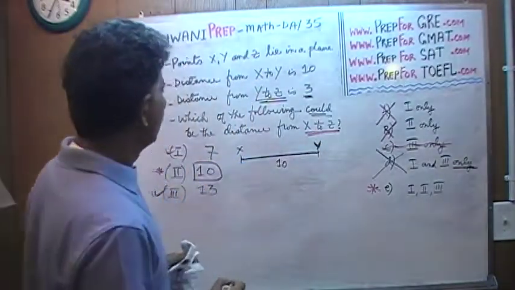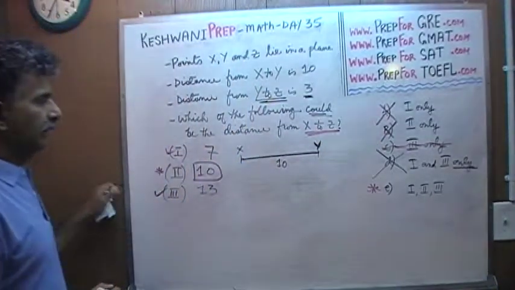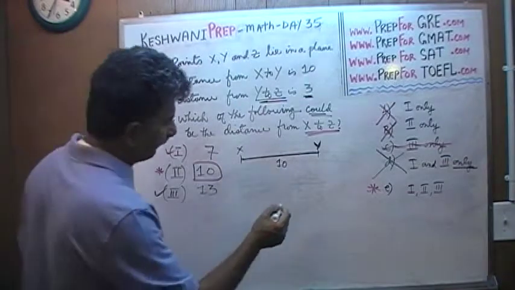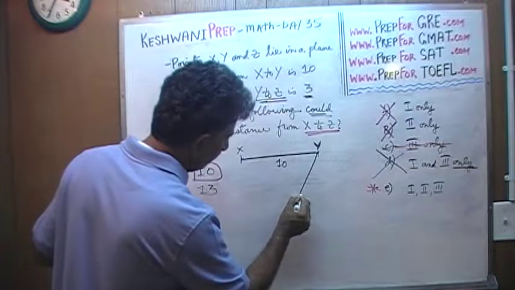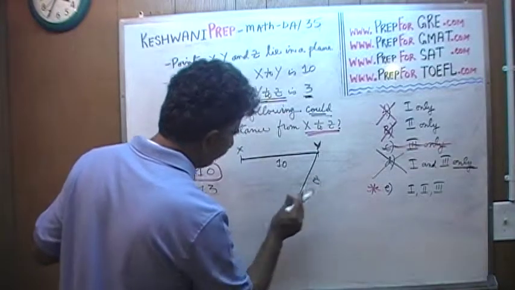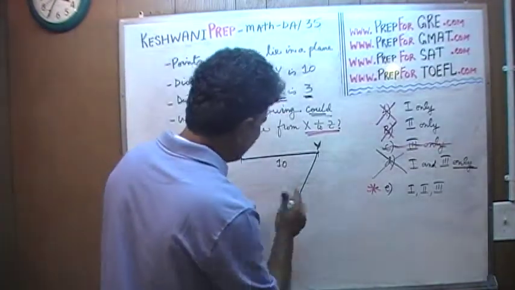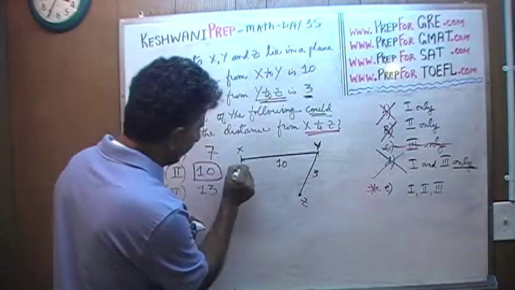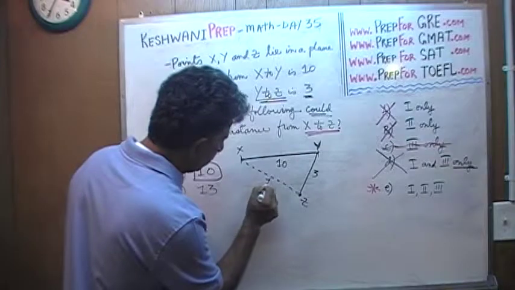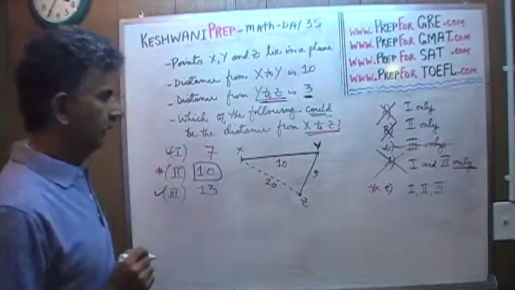We are also told that y to z is 3. Here is your y to z. Watch what happens. Y to z is 3. And here is your x to y, which can also be 10.